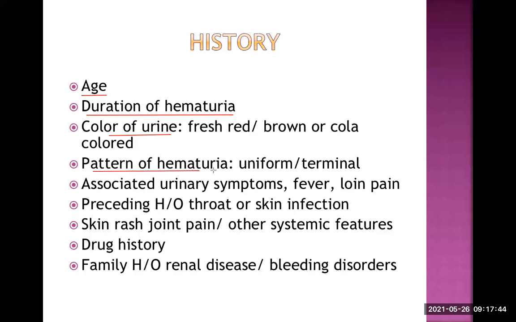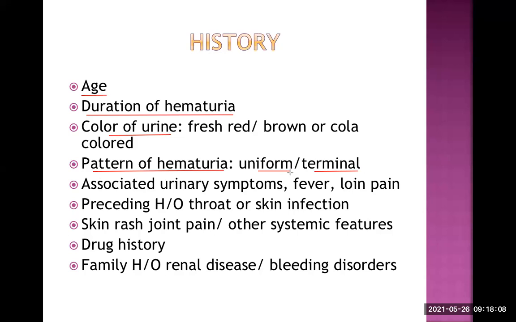What is the pattern of hematuria? Is it uniform or is it terminal? Very important question. Uniform means throughout the urinary stream, urine is red. And terminal means when the patient is about to complete the urination, then only hematuria starts.